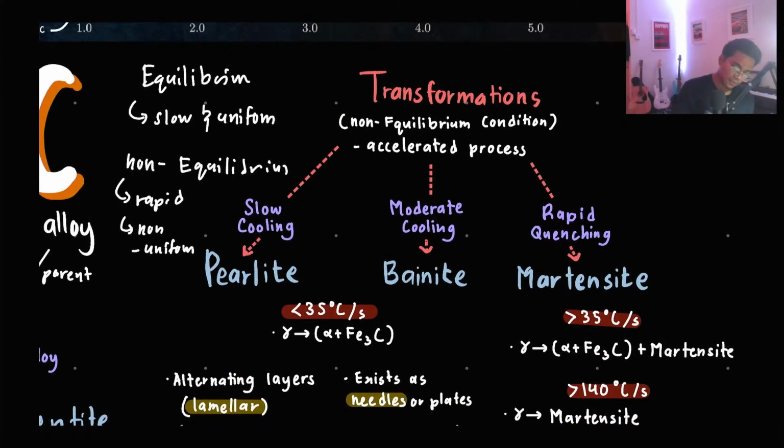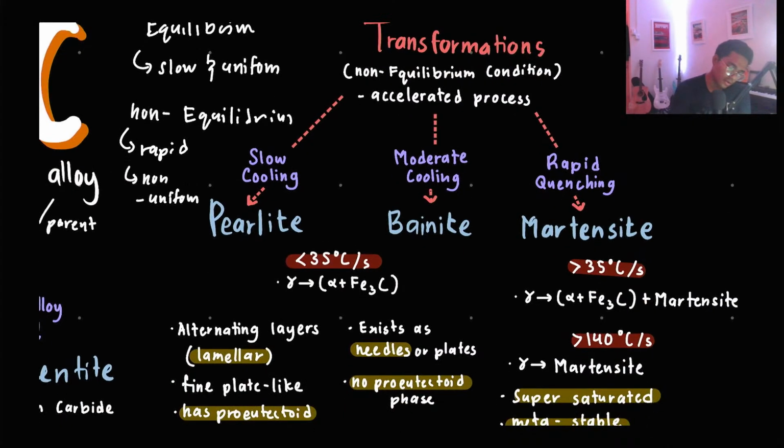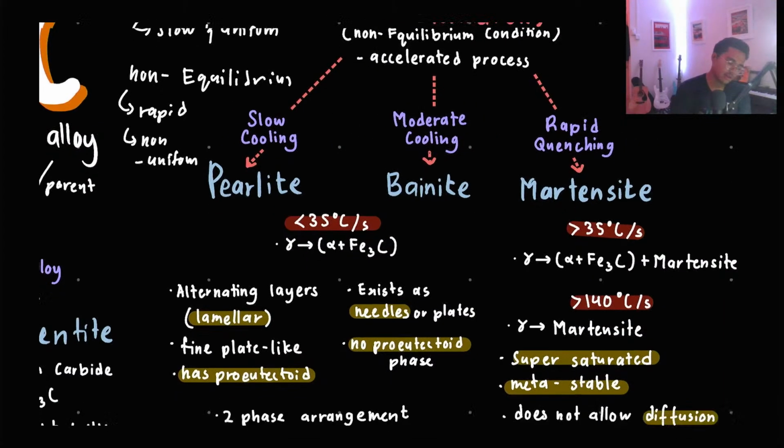So we continue with transformation under the non-equilibrium conditions. What does non-equilibrium mean? It means it is an accelerated process. So there are three categories of cooling that we can divide, which is the slow cooling, moderate cooling, and also rapid quenching.